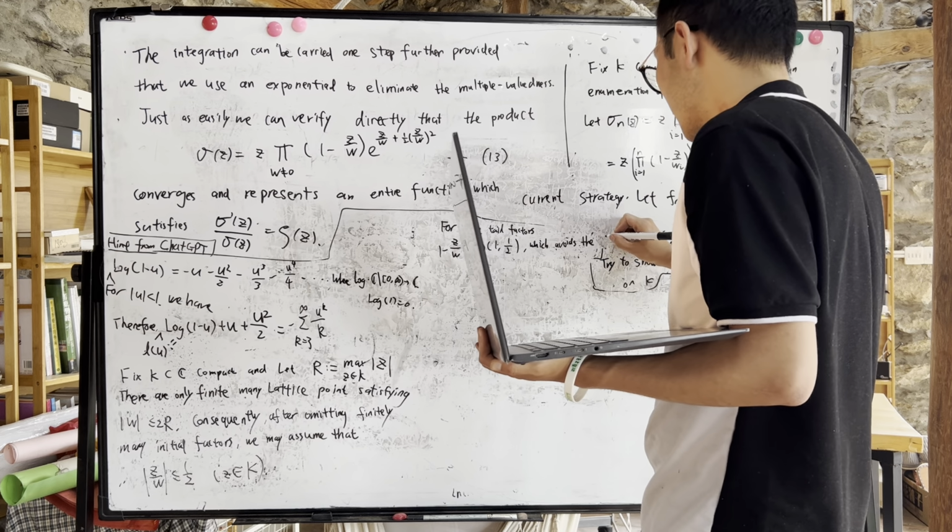Okay, sorry, I think I made a mistake here. So this cut should be made from 0 to negative infinity, the negative real axis, to C, such that the angle log of 1 is equal to 0.